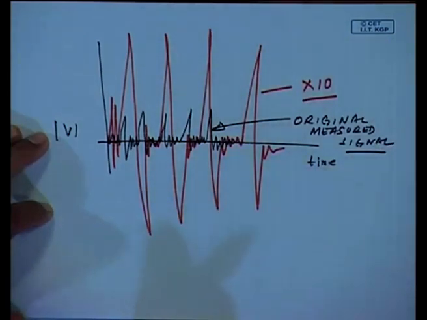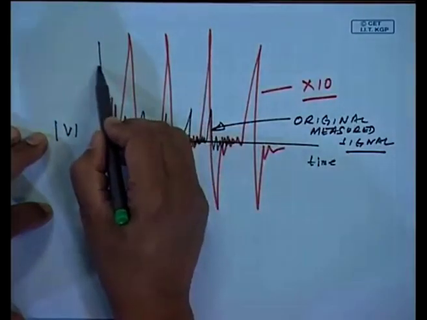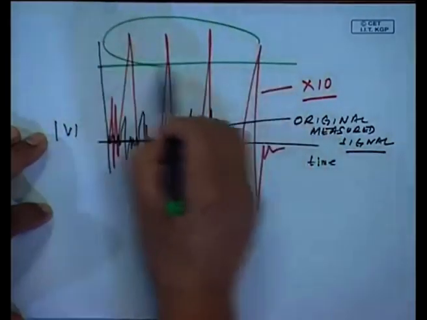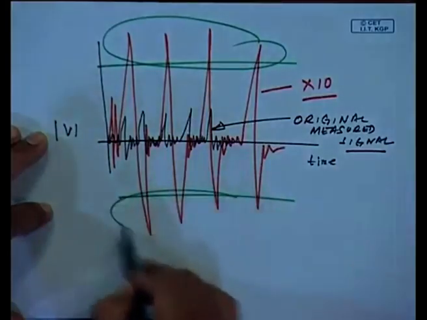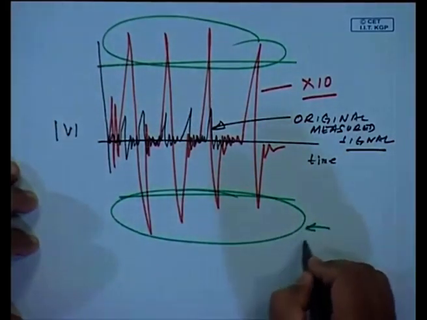I have amplified the noise, but then you will see sometimes there are detectors. If I put a detector that senses only the peaks, I should be able to sense the peaks.